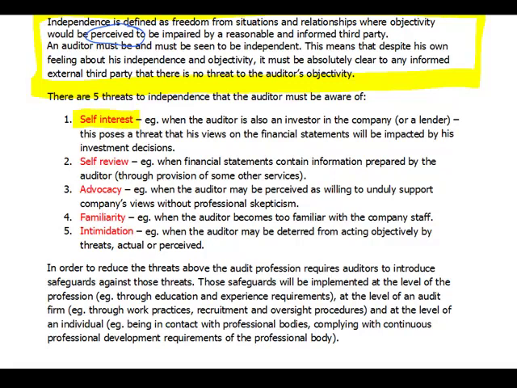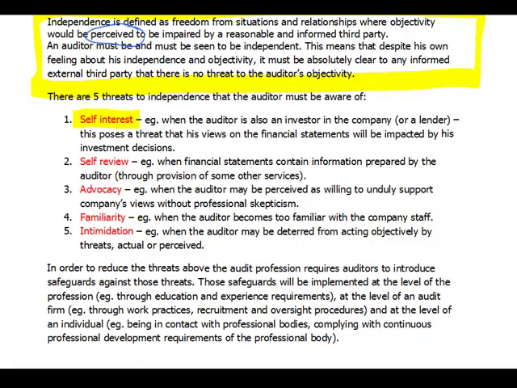Under the self-interest threat, the auditor's independence might be impaired because of his own business, investments, or relationships that might be impaired or might lose value if the financial statements of the company do not show good financial results.